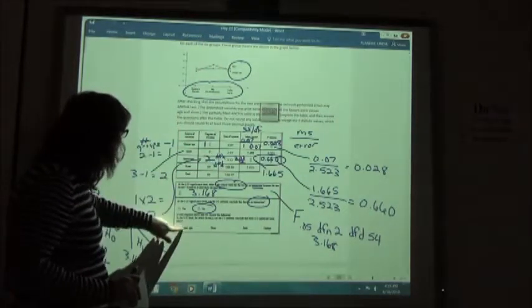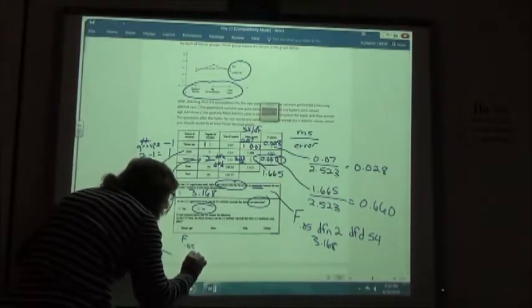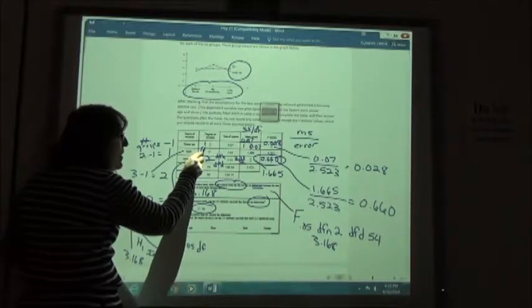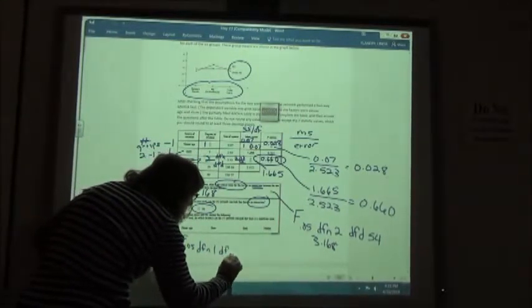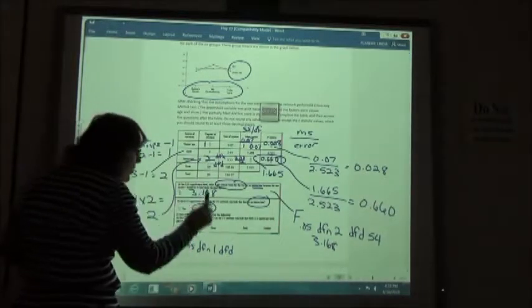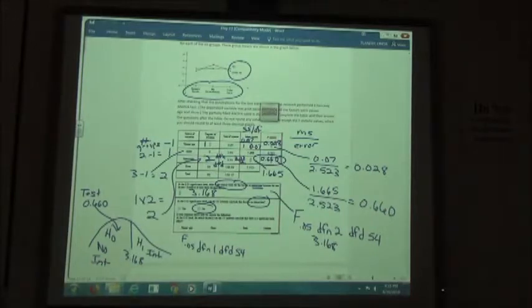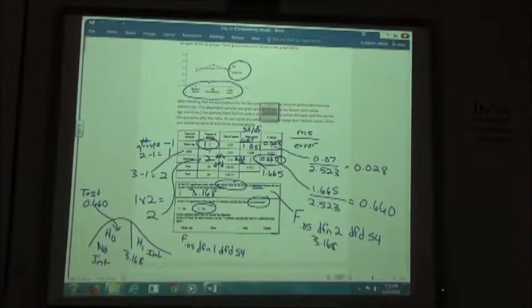So for the viewer's age, we're going to do F of 0.05. My degree of freedom in my numerator is going to be the 1. My degree of freedom in my denominator is still the 54. So here I have to use the degree of freedom from whatever thing I'm checking, in this case my viewer's age.